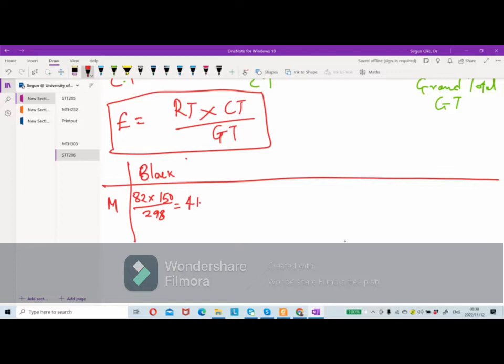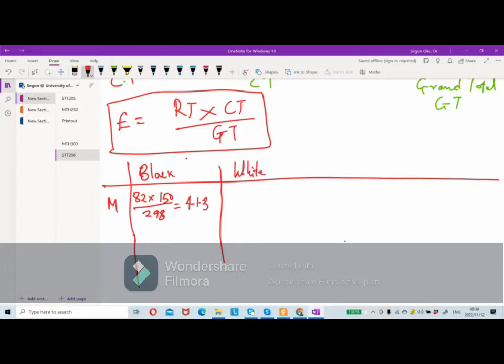Let me just use one decimal figure. 41.3. Remember, I'm working with May. So 41.3.